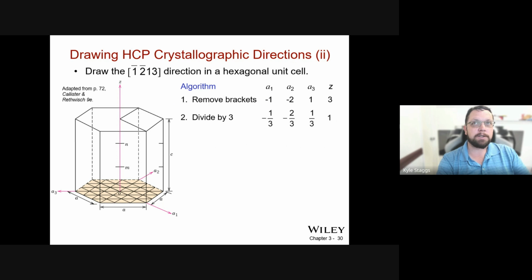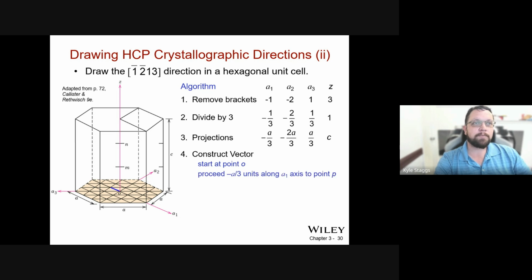We get nice fractions in thirds, which happens to be convenient for this scale in this example. And you do -a over 3, -2a over 3, and a over 3, and then all the way in C, all 3 steps, since these are divided up into thirds.